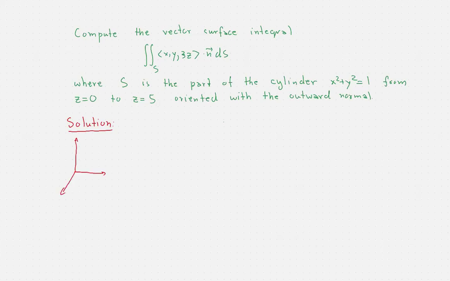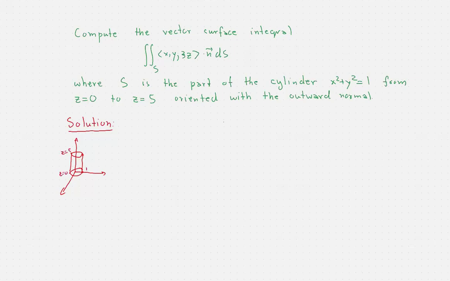And it's really part of the unit cylinder, which is centered around the z-axis. So the radius is 1 here, and we go from z equals 0 to z equals 5. And we also know that this is oriented with the outward normal.